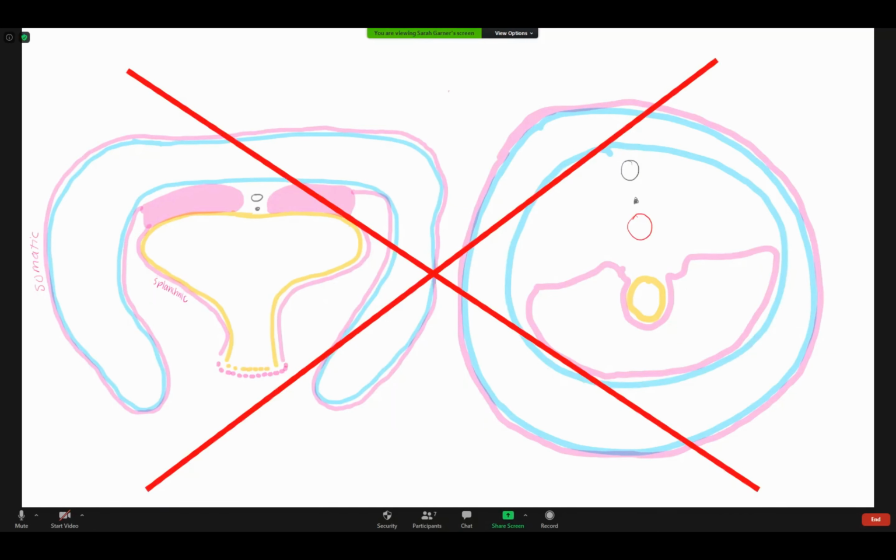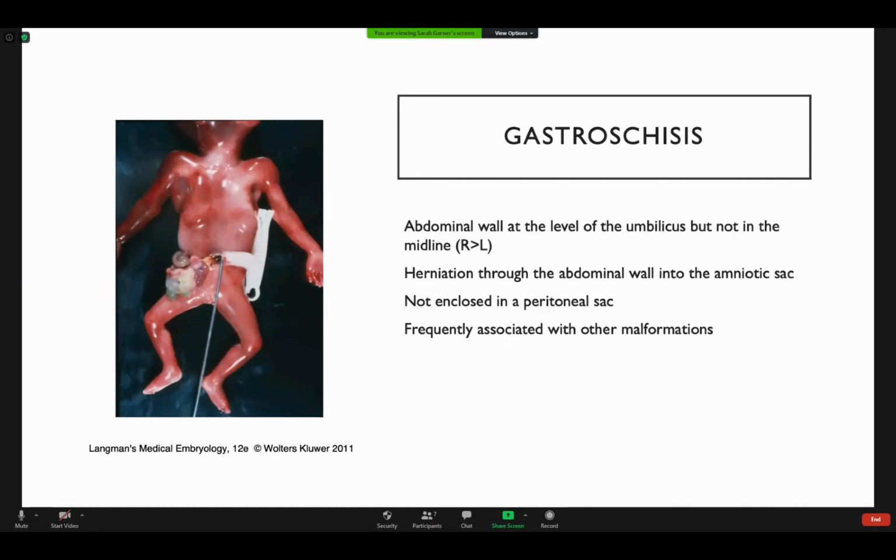Now, another thing that can happen is if you have a defect here. So we had our vitelline duct closing fine, but now if our lateral walls don't fully come together to make this nice closure, so that the skin coming from the ectoderm here completely closes the anterior abdominal wall, what can happen is you then get gastroschisis.